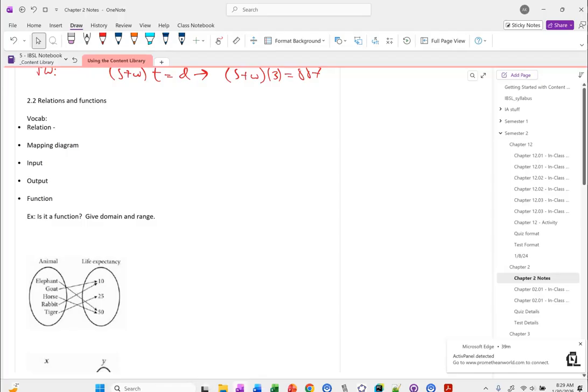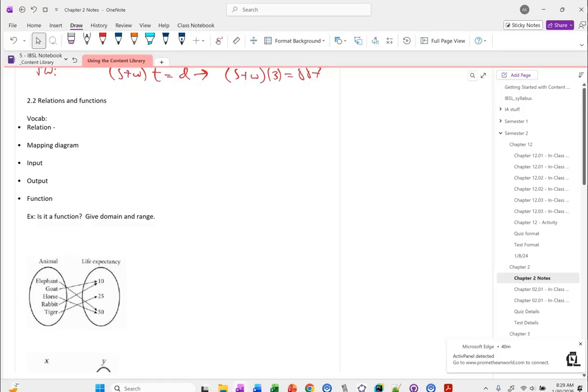A mapping diagram is a way to visually represent the relation, where we have like a circle of inputs and a circle of outputs, and we draw arrows from input to output to show how they are paired together. Right? Kind of remember looking at those in your Algebra 1 or 2 classes, probably both. The input is like our domain, that's like our x variable. Our output, that's our range, like our y variable.